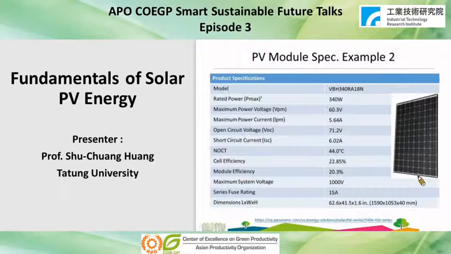And here is another example, which is the Panasonic PV module. So the rated power, which is P maximum, is 340 watts. And you can see several numbers, for example, maximum power voltage, maximum power current, open circuit voltage, or short circuit current.